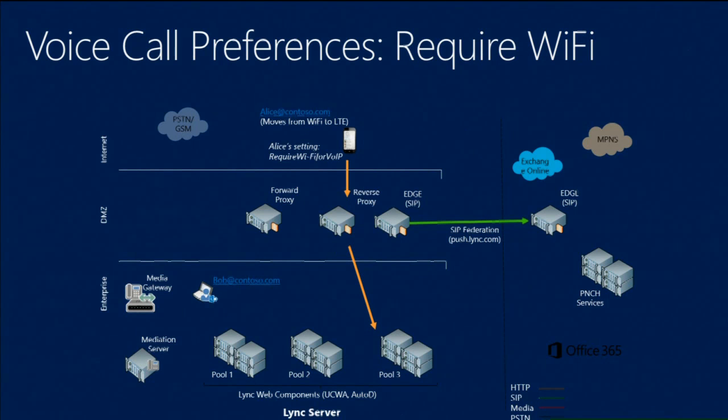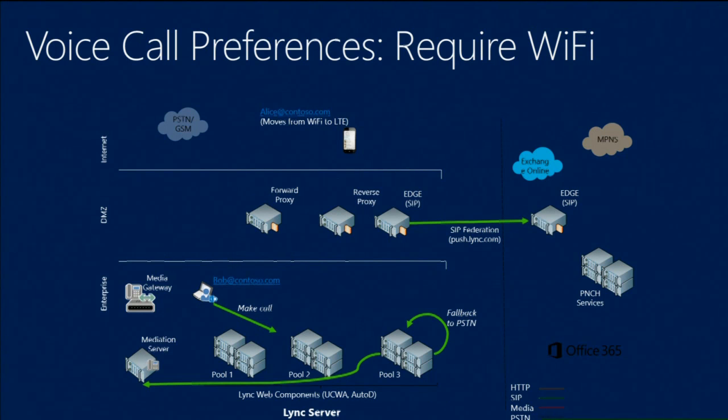So by default we can use the 3G connection. The require Wi-Fi for video is on by default. So Bob makes a call. The pool knows, well, wait a second, Alice isn't on Wi-Fi anymore, and she had this policy that she needed to be on Wi-Fi to receive a call. So let's not do a call. At least let's not do a VoIP call.